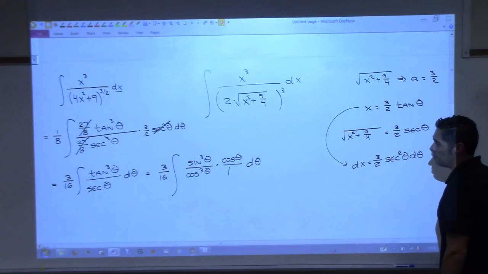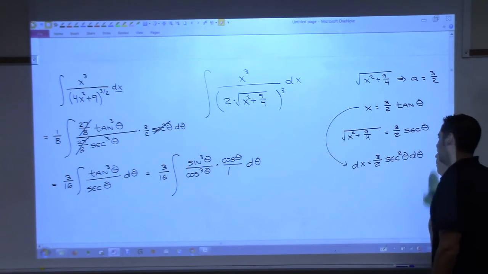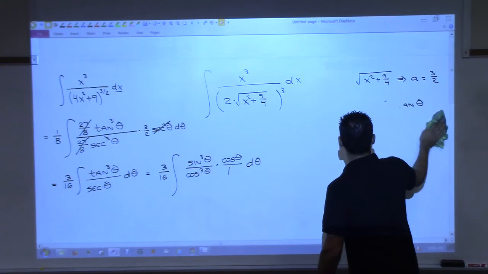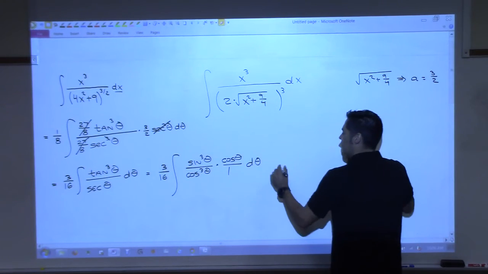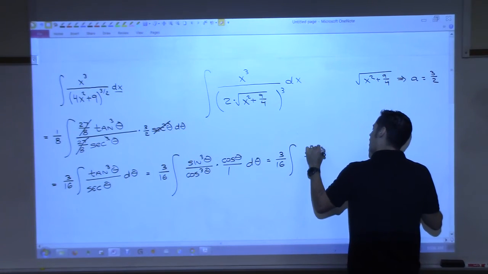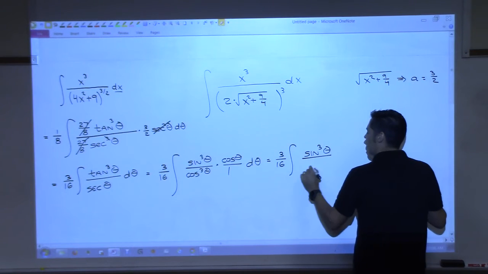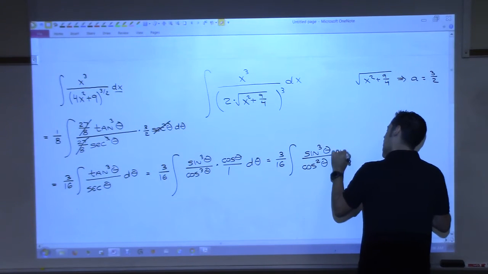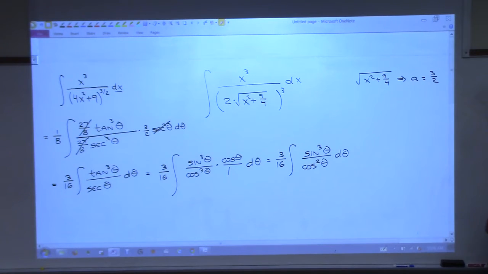And then one of your cosines cancels, right? 3/16 sine cubed theta over cosine squared theta d theta. Now what? Pull out one factor of sine. And then let cosine be u. That should work.